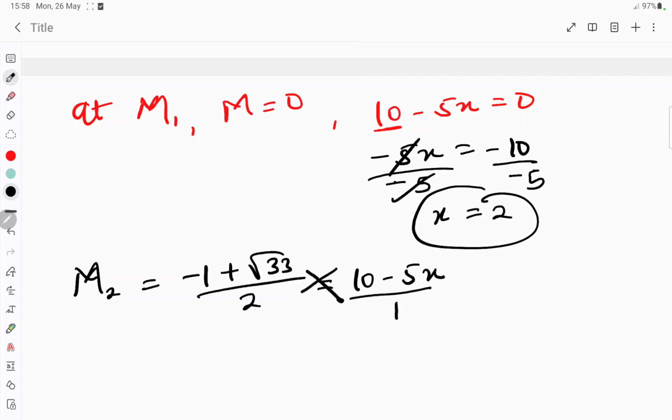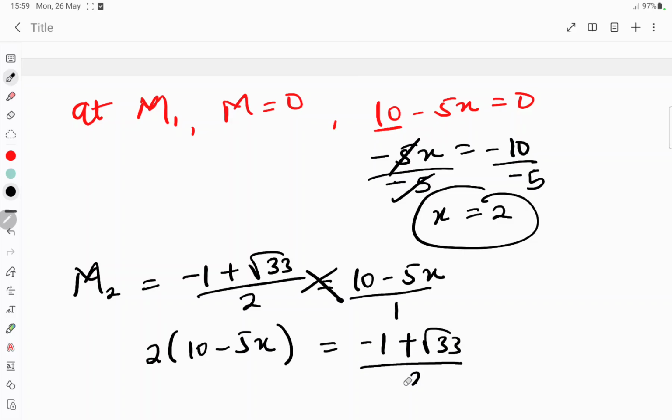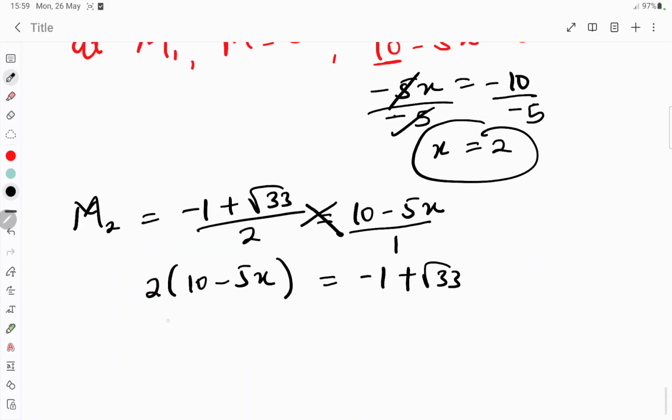So 2 times 10 minus 5x is equal to minus 1 plus root 33 over 2, times 1. So 2 times 10 is 20, and 2 times minus 5x is minus 10x, and this is equal to minus 1 plus root 33.